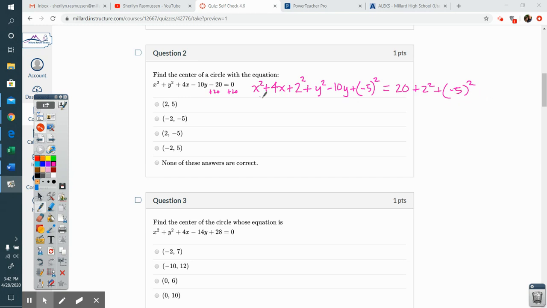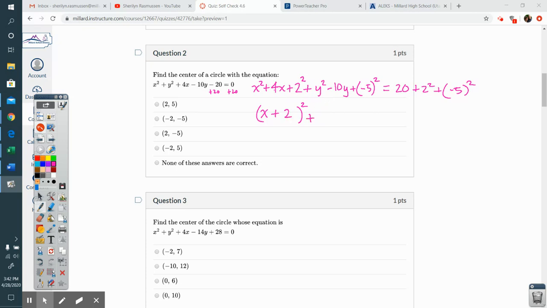All right, the whole reason I manipulated it this way is to make myself a perfect square. And that perfect square is half of this number. So it's x plus 2 squared. It's always going to be the number that you halved, 4 divided by 2, so it's 2.